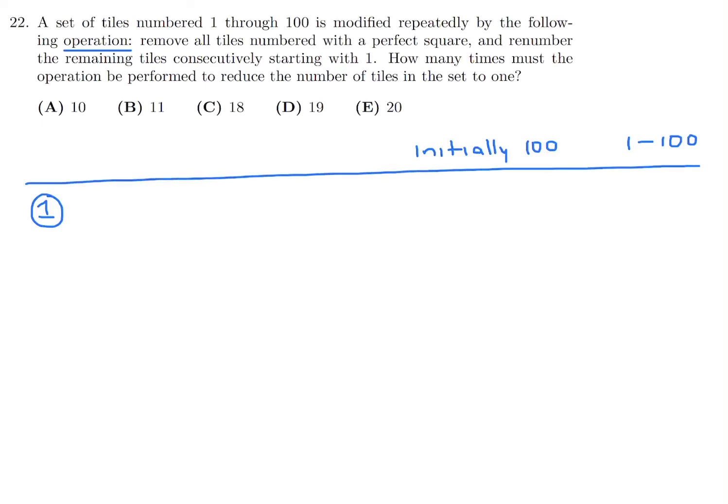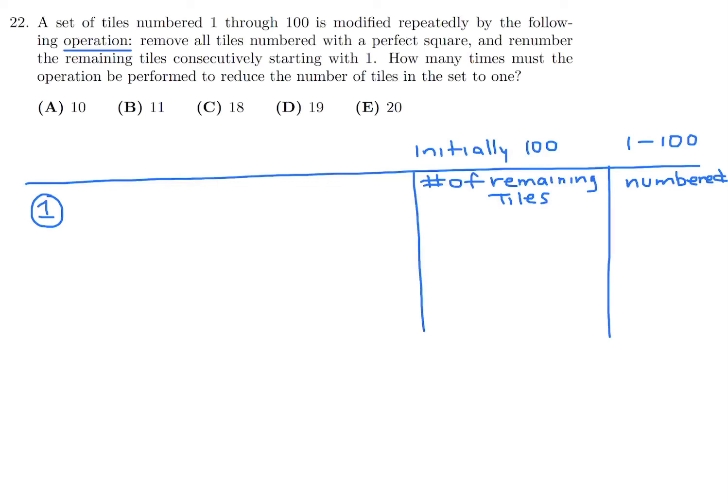And here we go. So initially you have 100, and therefore I'm going to make a table calling this the number of remaining tiles after we do each operation. And here, what are these tiles that are remaining numbered? All right, so here we go.